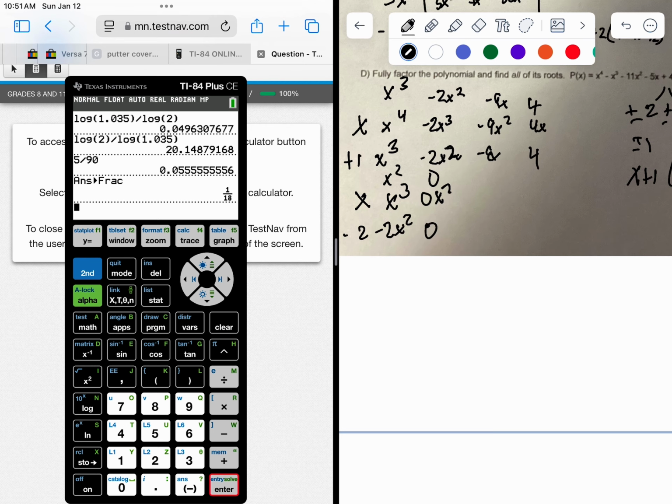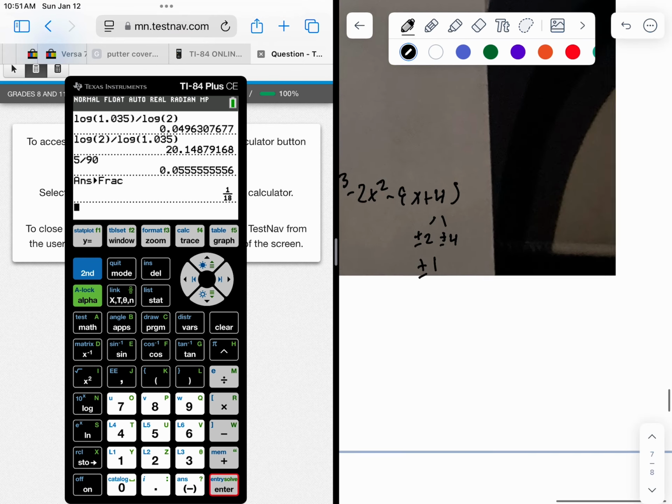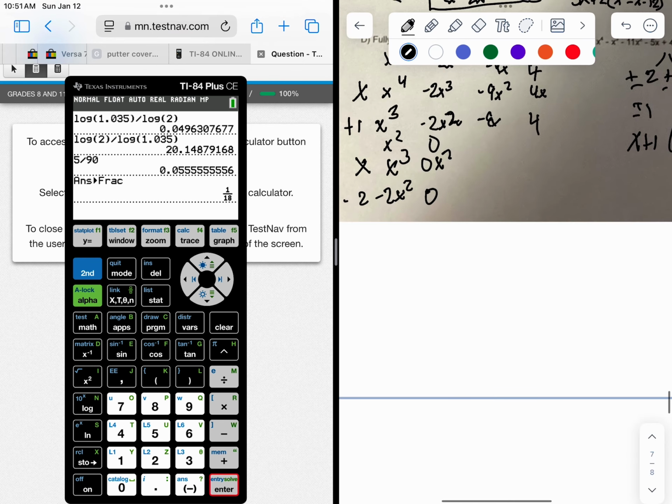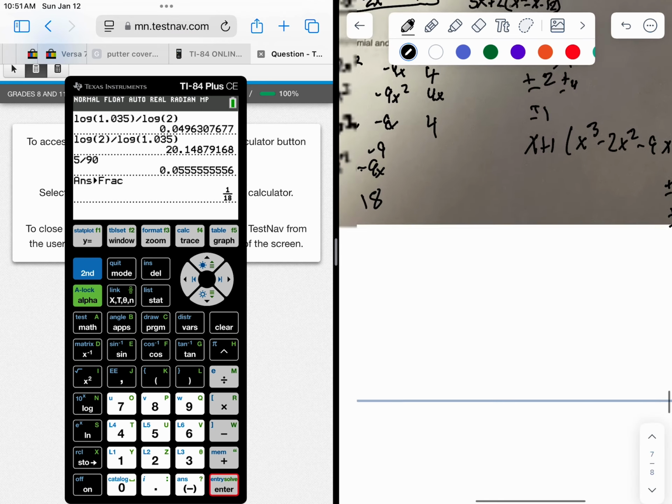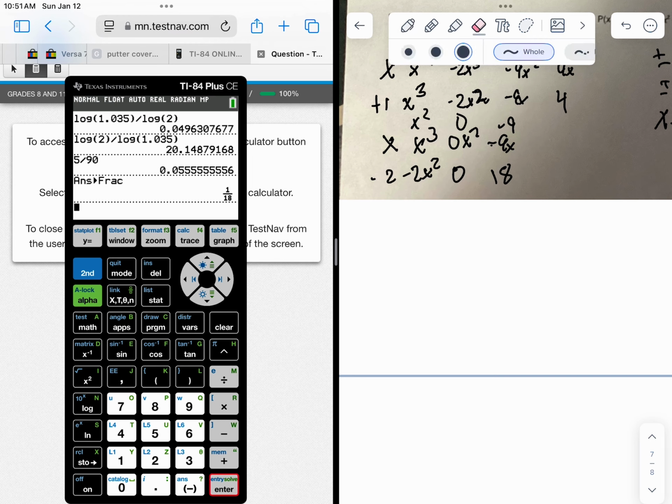Negative 0 here. We need negative 9x. Negative 9. And this would be 18. That one doesn't work.